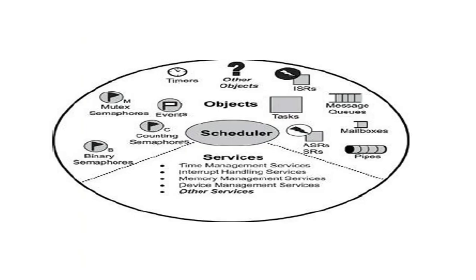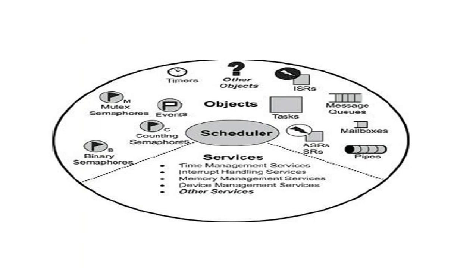Okay. Next, the scheduler. The scheduler is one of the main important objects in the RTOS. In an RTOS, we view everything as an object. That is the main important thing in the RTOS.